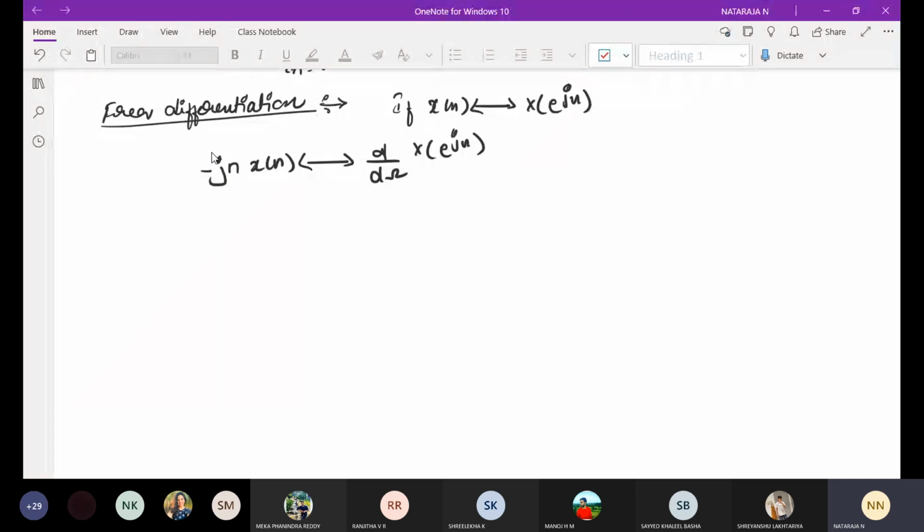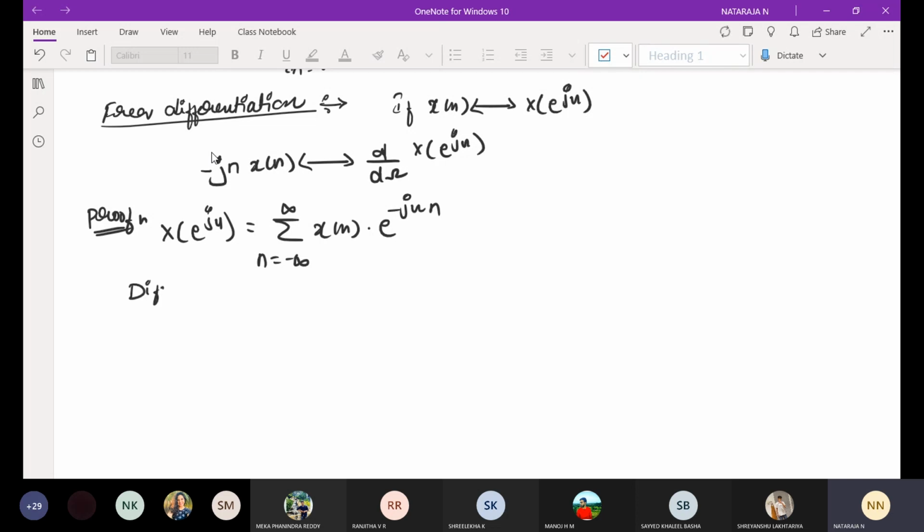Okay, proof. X of e power j omega is equal to summation n equals minus infinity to infinity x of n into e power minus j omega n.